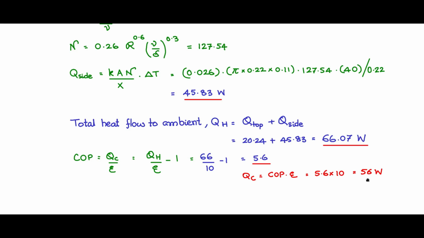So it becomes important that removal of heat from the hot side of the Peltier junction is very, very important, and you have to give sufficient attention to that if you want to make an effective Peltier cooling system.